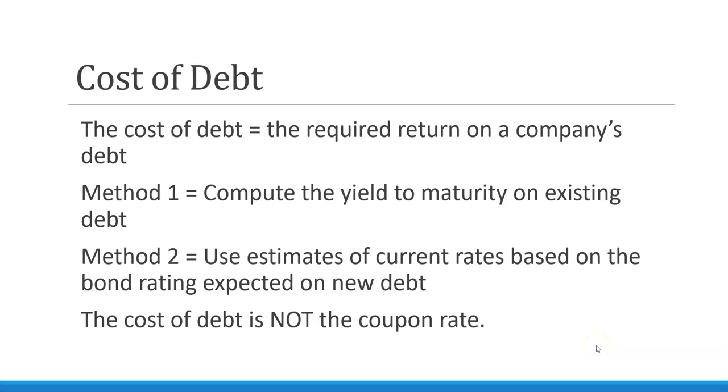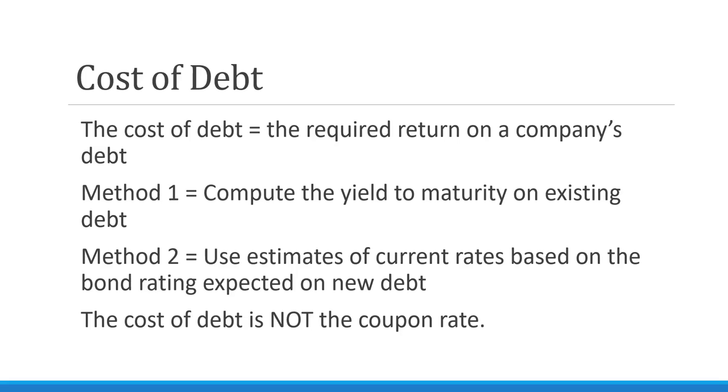In addition to equity, firms use debt to finance their investments. So the cost of debt is the required return on a company's debt. The first method for calculating cost of debt is to compute the yield to maturity on existing debt, so any existing bond issues.